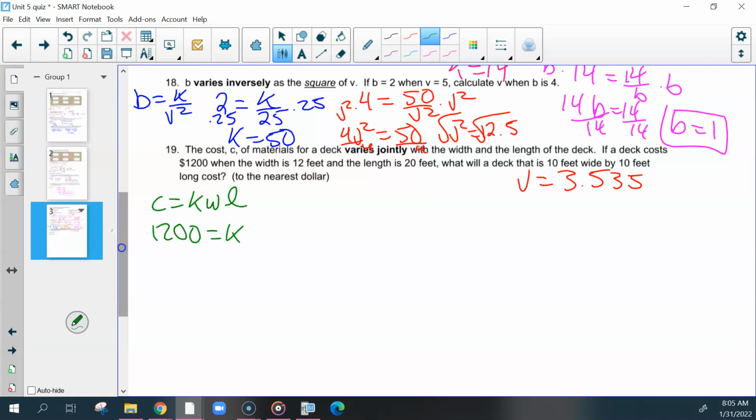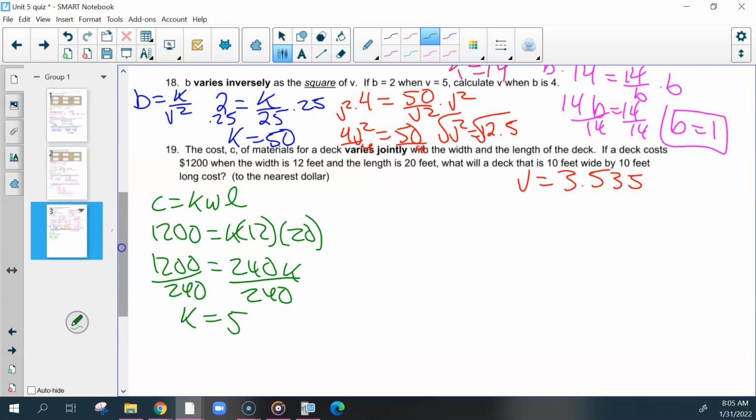We don't know K, but we know the width is 12 and the length is 20. Multiply 12 and 20, and divide. So K equals 5.